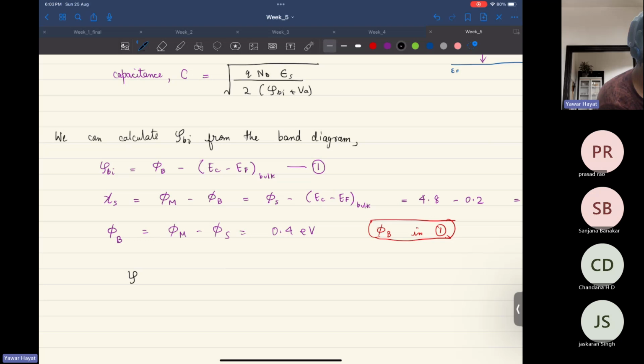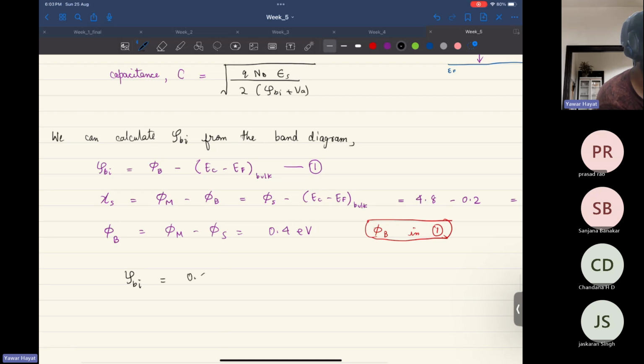We'll have this phi bi, that is equal to 0.4 minus 0.2, right? 0.4 minus 0.2, which is nothing but 0.2 electron volts, isn't it? So I can write that phi bi would be 0.2 electron volt.